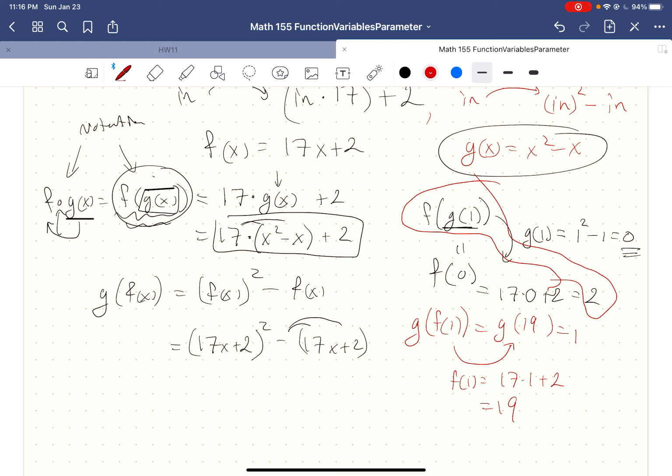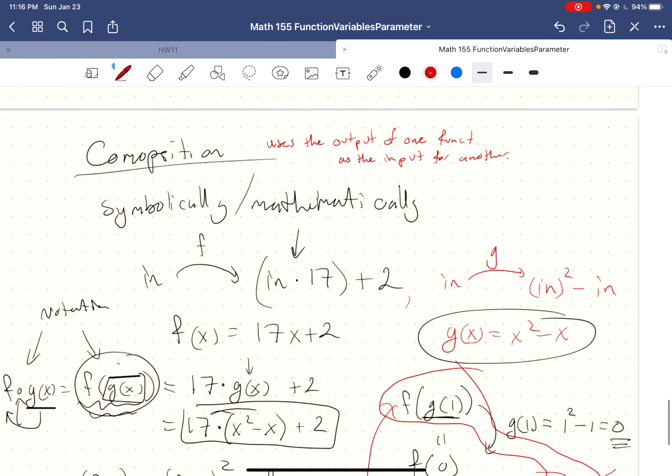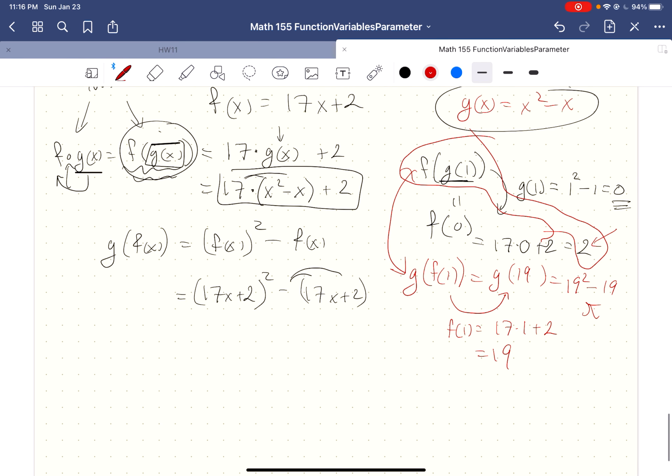And g of 19 is going to be 19 squared minus 19. Okay. So notice these are two very different functions. In one case, I got 2, and in the other case, I got 19 squared minus 19, which is much larger. And in any case, I used the output of one function as the input for another. In this case, I use the output of g as the input of f, and here I use the output of f as the input of g.